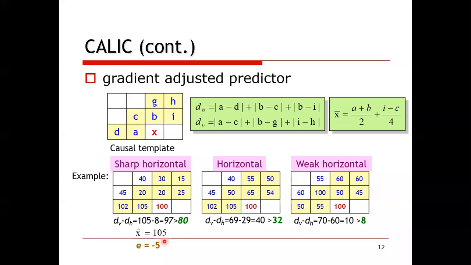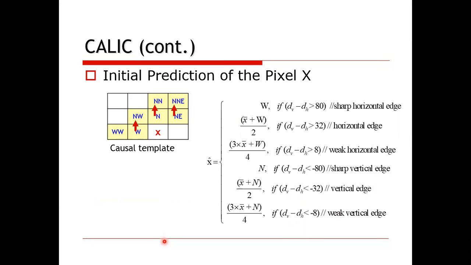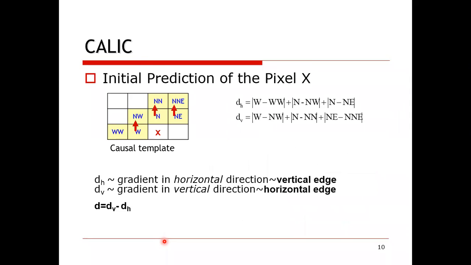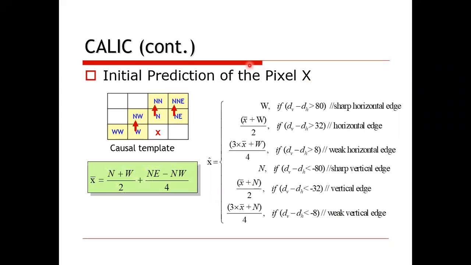What is the formula? X bar is dB minus ds. How do we calculate dB? dB is W minus NW plus N minus NN plus NE minus NNE. X bar is the predicted value of the given pixel X, known as I bar.